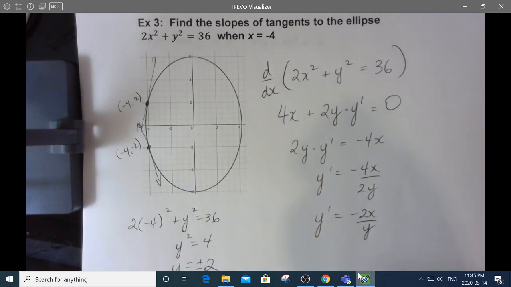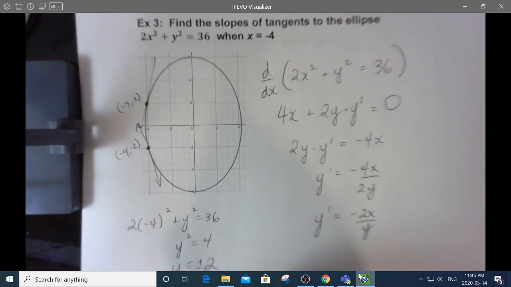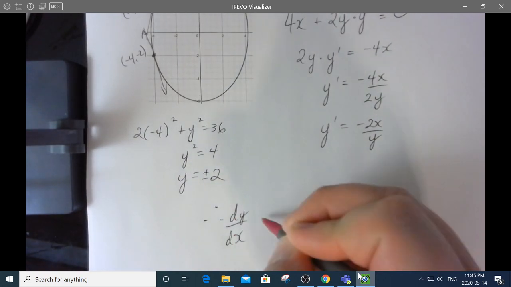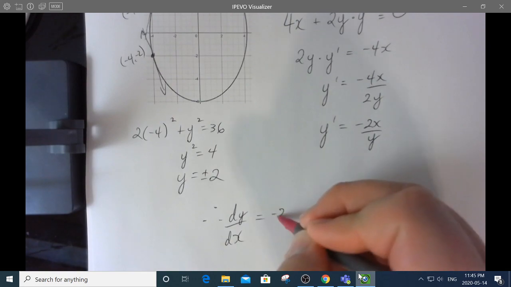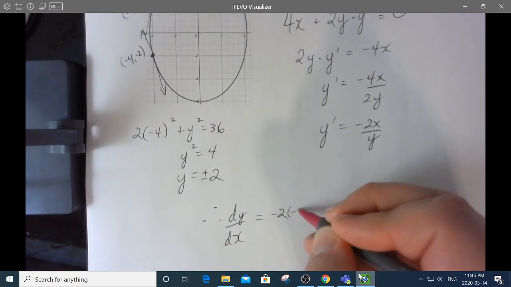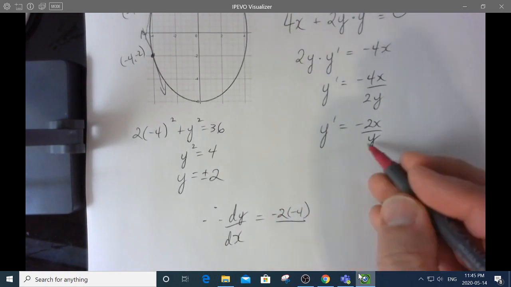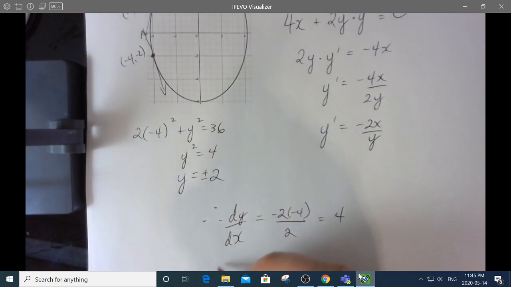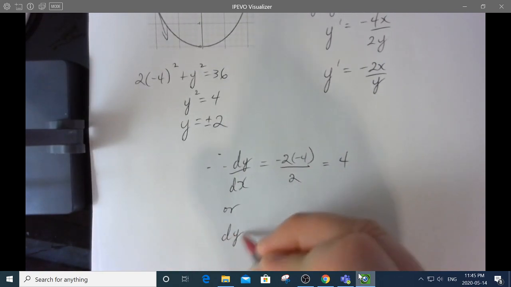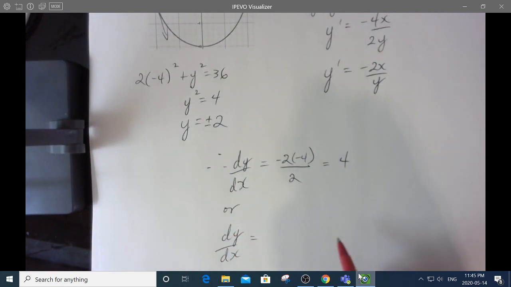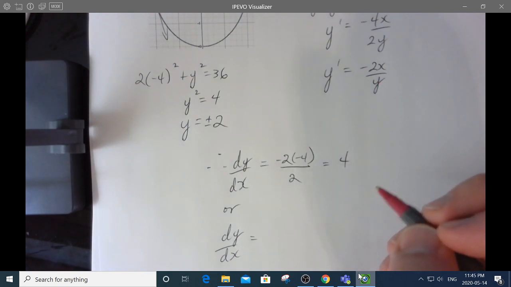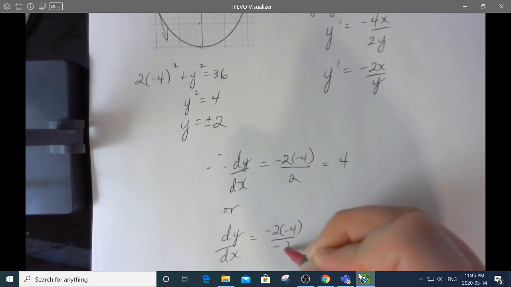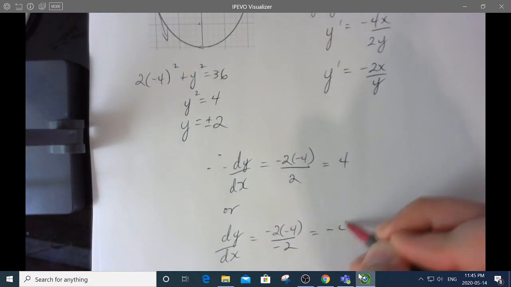But I am going to plug in the 2 points, so I'll say therefore dy by dx is equal to negative 2 times, okay, so when x is negative 4, y can be 2, in which case the slope would be 8 over 2, which is 4, or the y value could have been negative 2, so I'd have negative 2 times negative 4 all over negative 2, in which case I'd get negative 4.